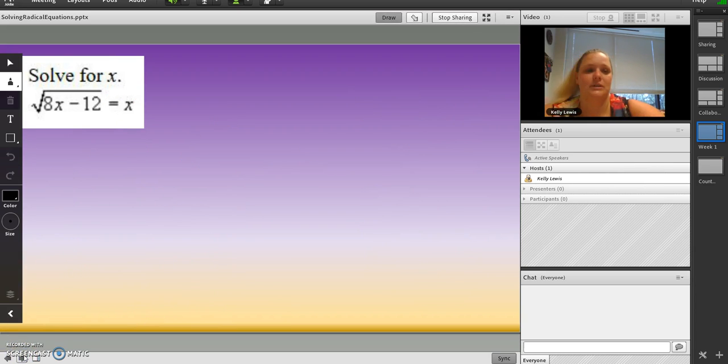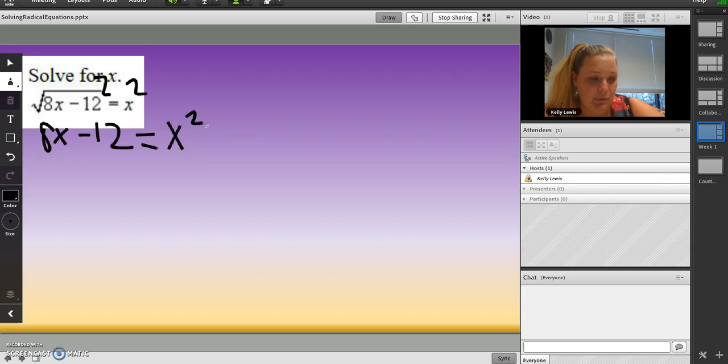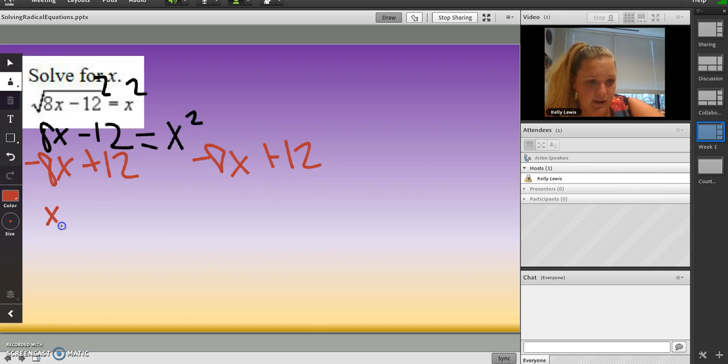Let's try here. Let's square it. So I get 8x minus 12 equals x squared. I need all of that on the other side because I want the x squared to be positive. So I have x squared minus 8x plus 12 equals 0.